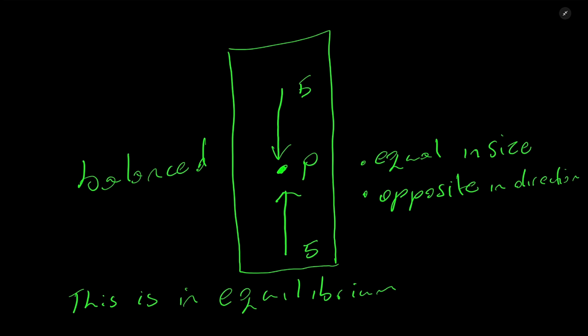Whenever we have a force acting on a point, and we have another one acting on that same point, both values are the same and they're opposite to each other, then we say that they are in equilibrium or they are balanced. Basically, they cancel each other out.